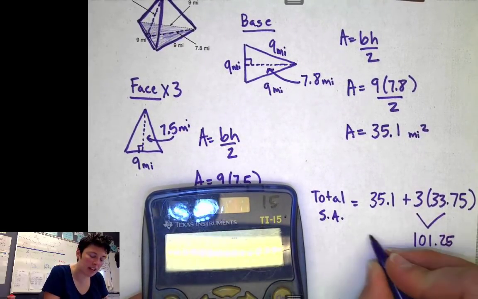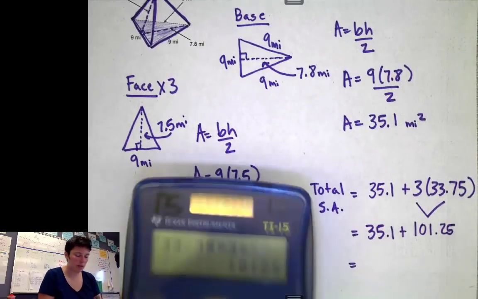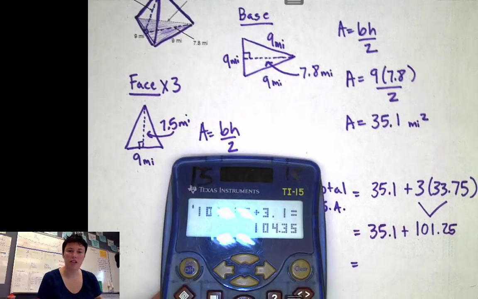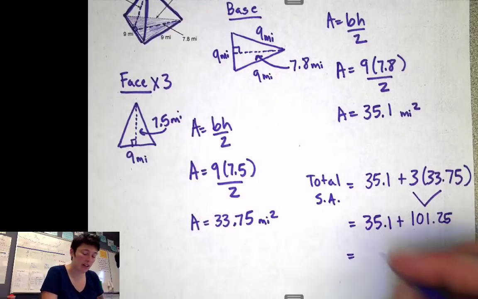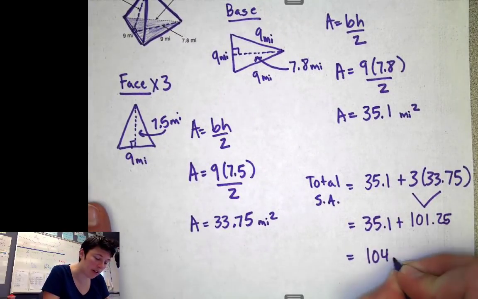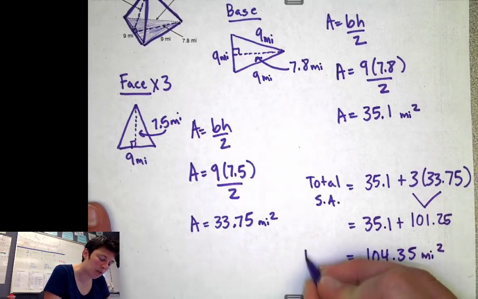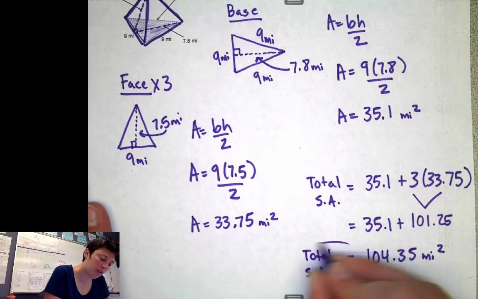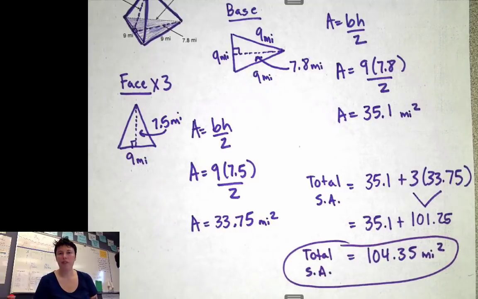And then we are going to add that to 35.1. Add that up to get our total answer, and you get 104.35. So our answer is 104.35 miles squared. And that is our total surface area. I'll circle that. 104.35 miles squared.